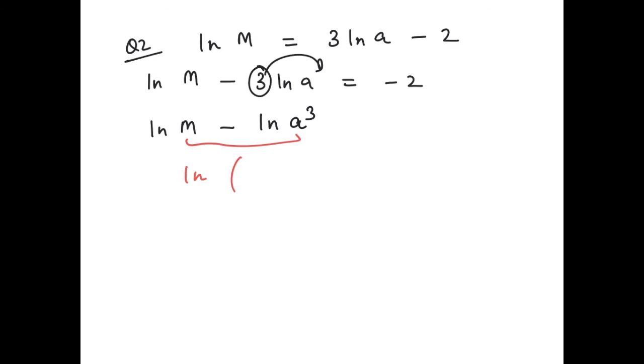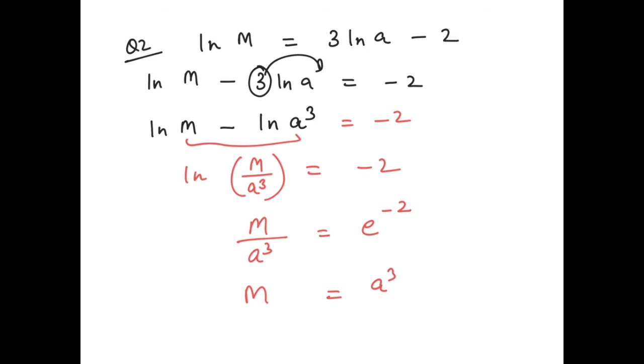It says ln m over a cube equals minus 2. Now, let's remove ln. If you remove ln, it will be m over a cube equals e to the power minus 2. Now, m will be a cube over e square. I'm changing the power to positive because that's the best way to express your answer. Don't leave the powers negative.